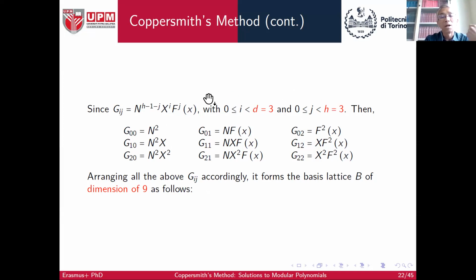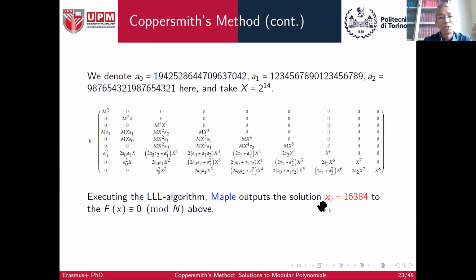Substituting all these ij values, we can build these 9 different functions, and arranging them accordingly, this forms a basis lattice B of dimension 9, which is this.